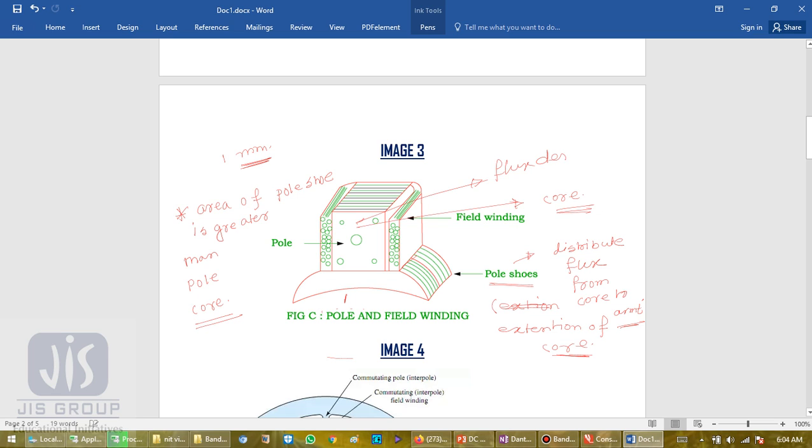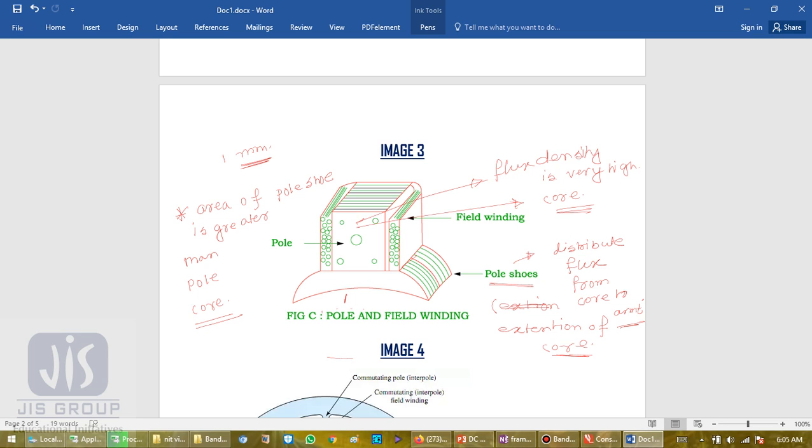So when it is permitted at the air gap, the area should be high so that it can fully link up with the armature. And the pole shoe is basically made of laminated sheets of electrical grade steel.